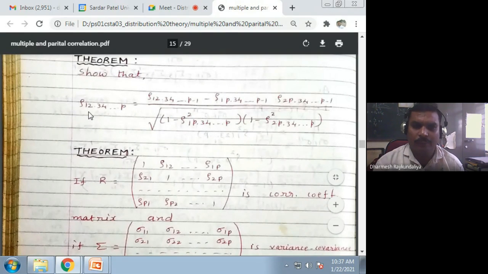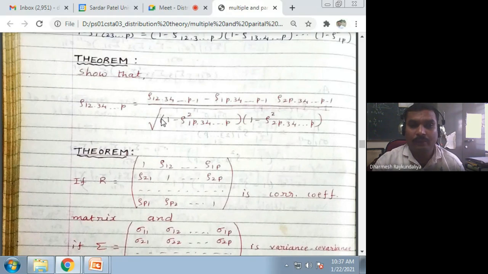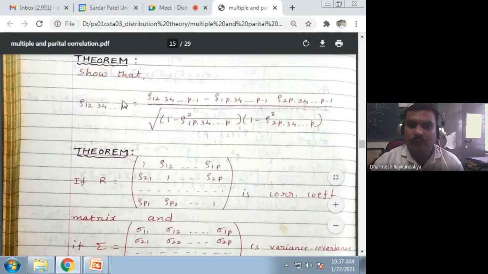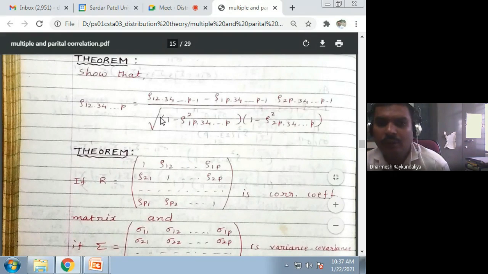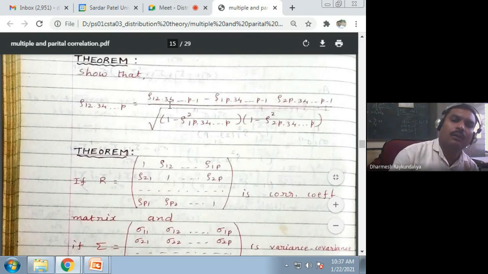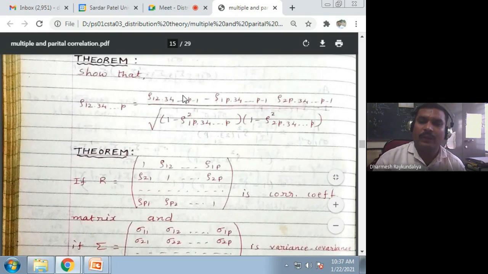If you wish to find the partial correlation between 1 and 2 when 3 4 up to p are fixed, that can also be obtained if you know the partial correlation between x1 and x2 when the variables x3 up to x p minus 1 are fixed, and the partial correlation between 1 and p when 3 4 up to p minus 1 variables are fixed. Then by using this formula you can obtain it.